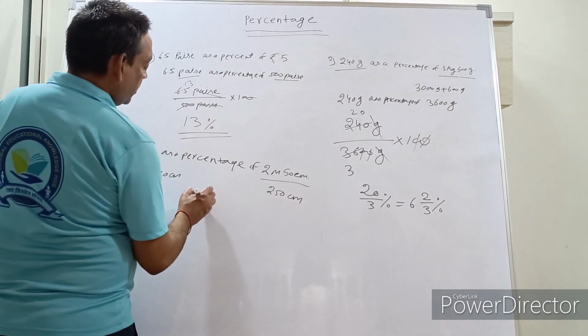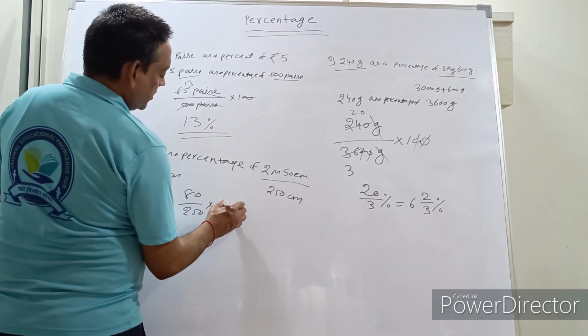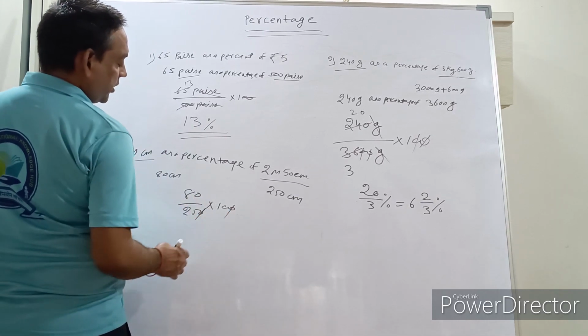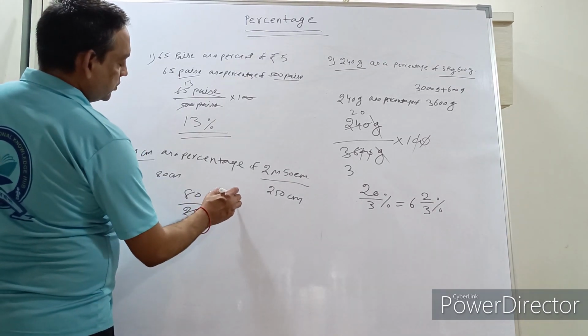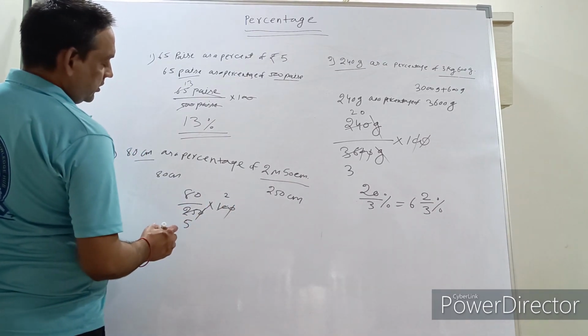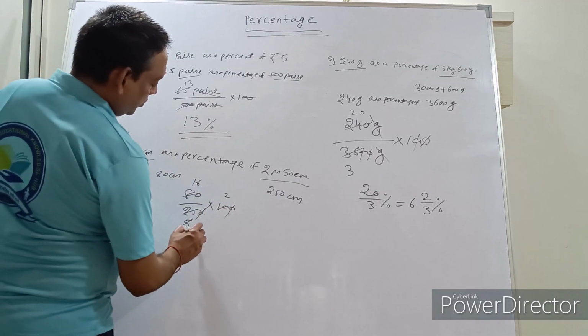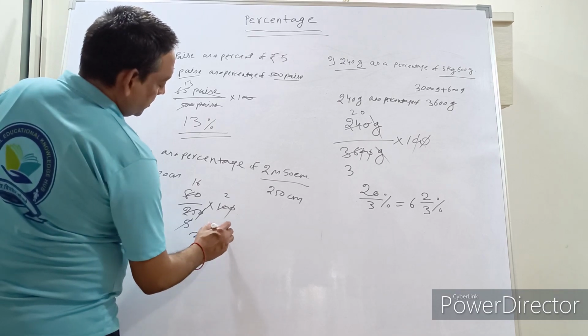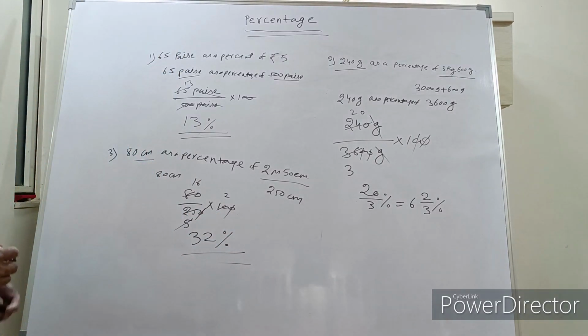So 80 upon 250 multiply by 100. Okay, so 0 and 0 get cancelled. 5 twos are 10, 5 ones are 5, 5 sixteens are 80, 16 into 2 gives you 32 percent. Clear? Simple it is.